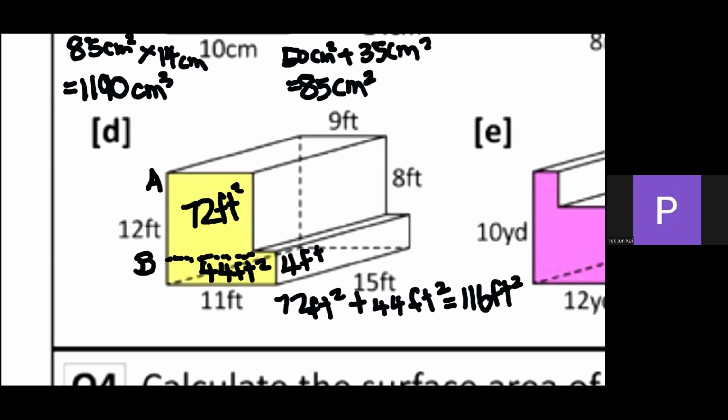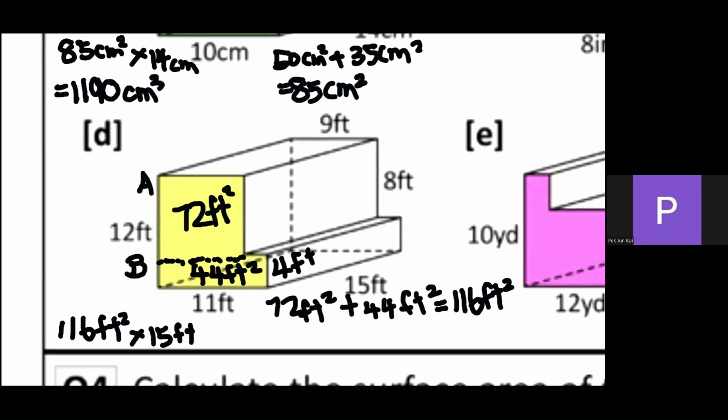So we take 116 feet square times 15 feet, we would get 1,740 feet cube.